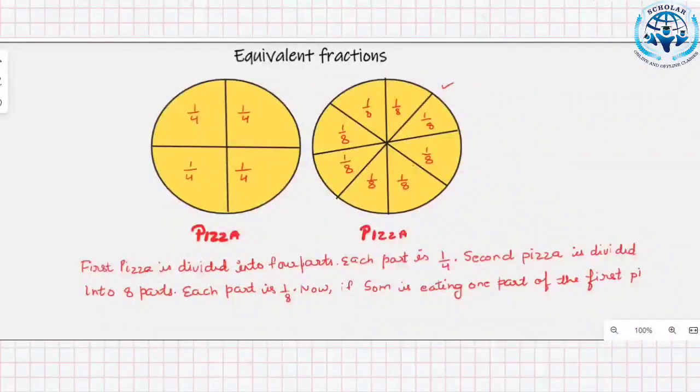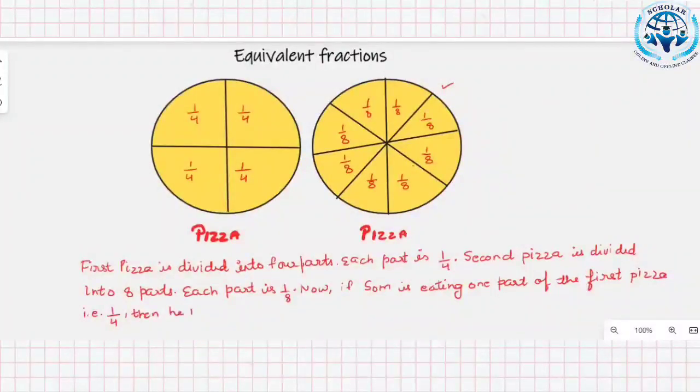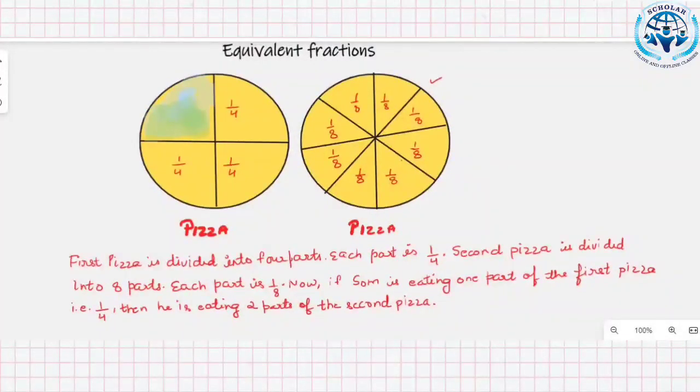As the total number of parts is 8, so in the denominator we will write 8. In the first pizza, the total parts are 4, so in the denominator we will write 4. So, 1 by 4 is equivalent to 2 by 8.